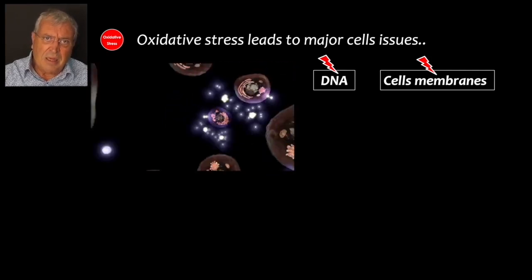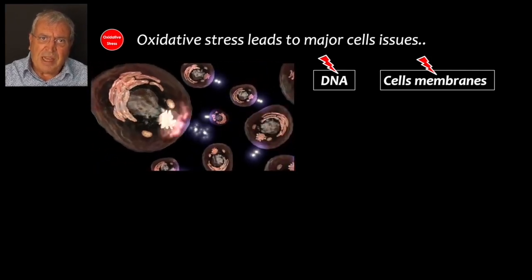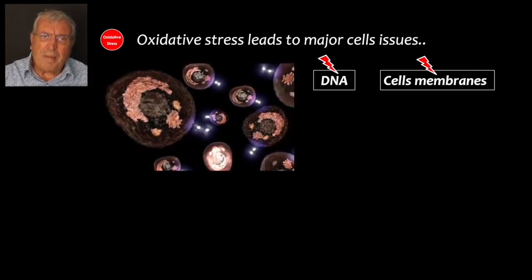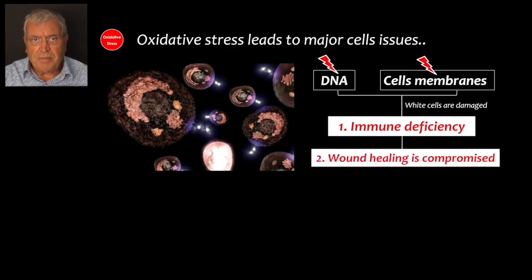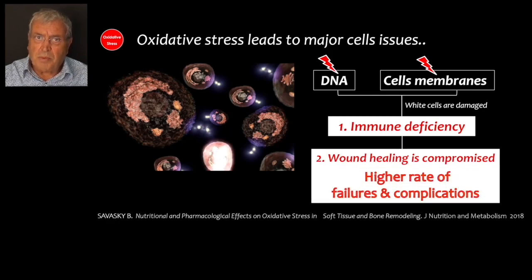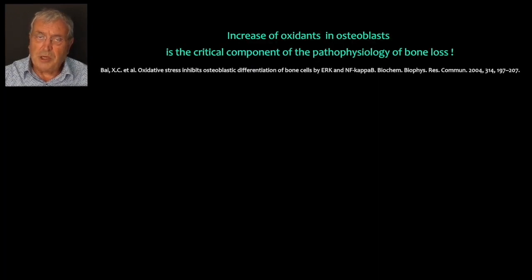It attacks the DNA and the cell's membrane, in order to damage the cells in contact with the oxidant. And then the white cells are damaged, leading to an immune deficiency. Wound healing is compromised, and then you understand why we will meet more failures and more complications.